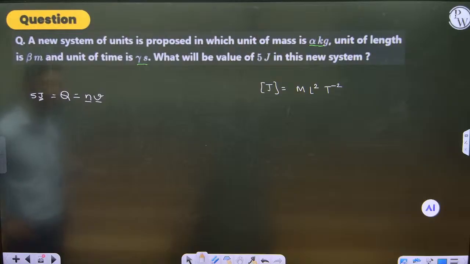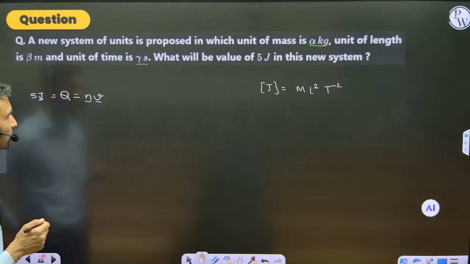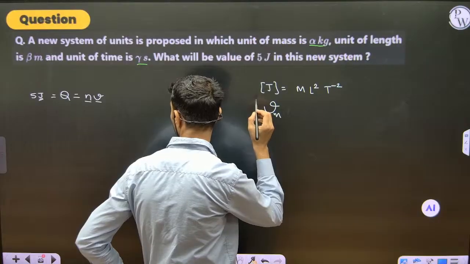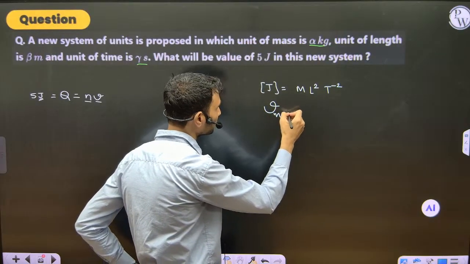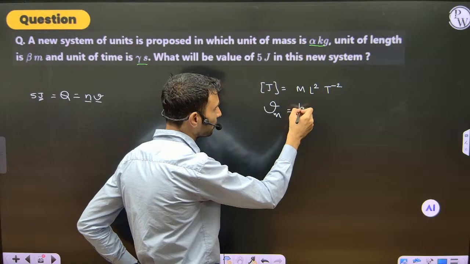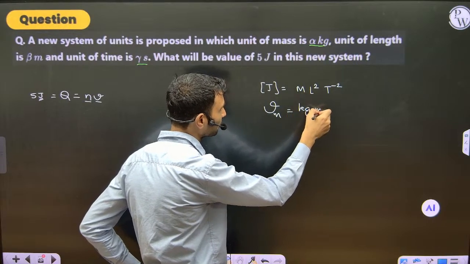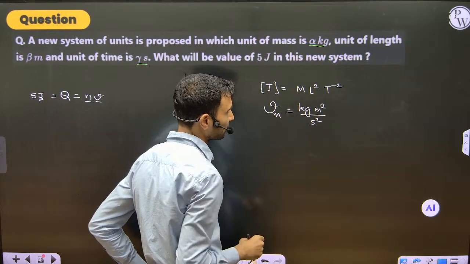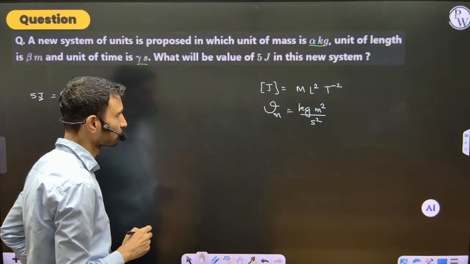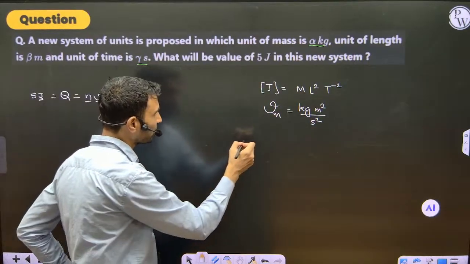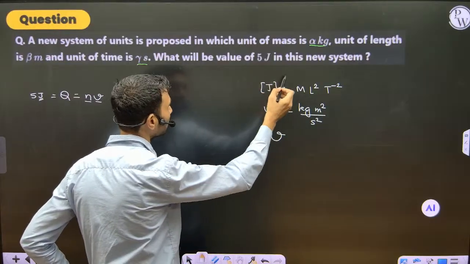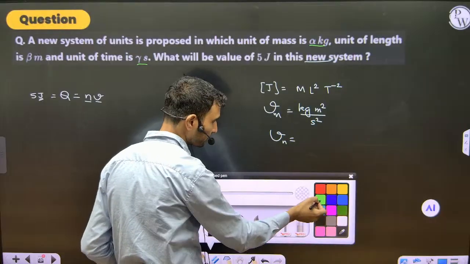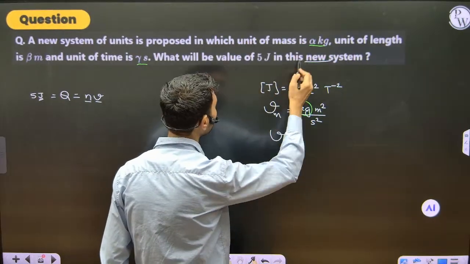Right? So what will be the unit in the MK system? M will become kg, length will become meter, so meter square divided by second square. So this is the unit in the MK system. Similarly, what will be the unit in the new system? Instead of kg, we have alpha kg.